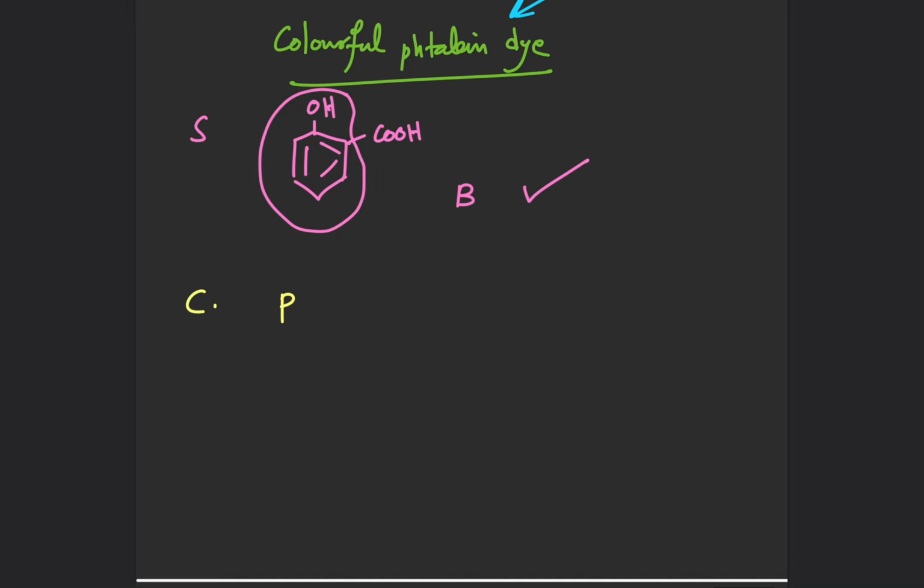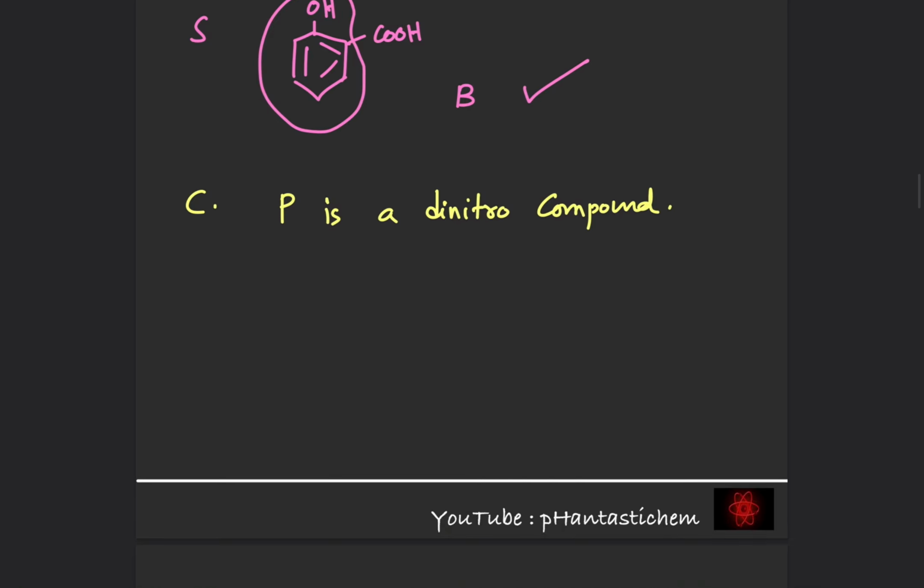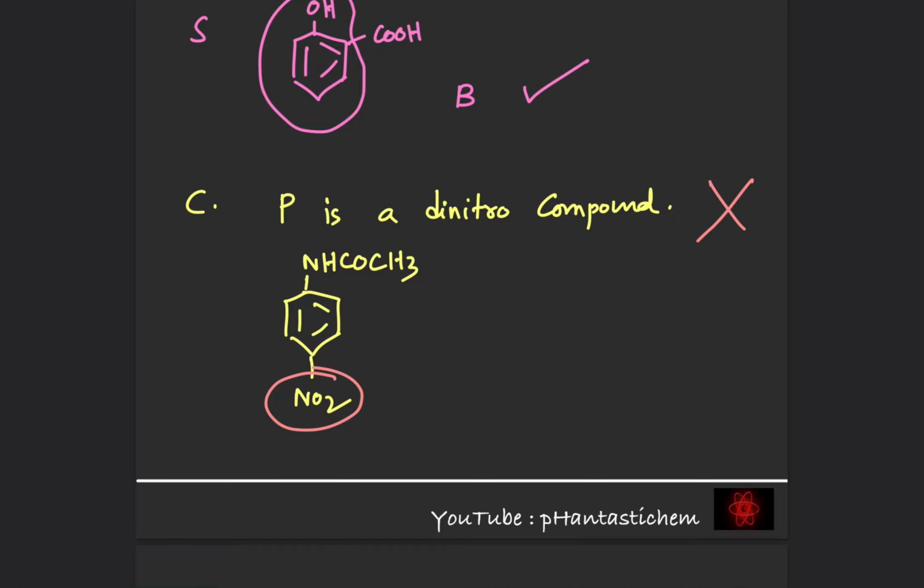Then C says that P is a dinitro compound. Okay, so we have derived the structure of P, which looks something like this: NHCOCH3 NO2. So you can clearly see it contains only one NO2 group. So therefore C is an incorrect statement.